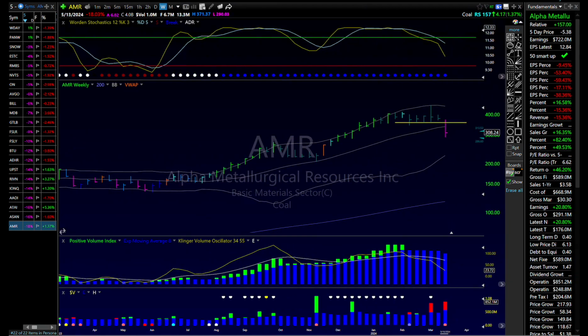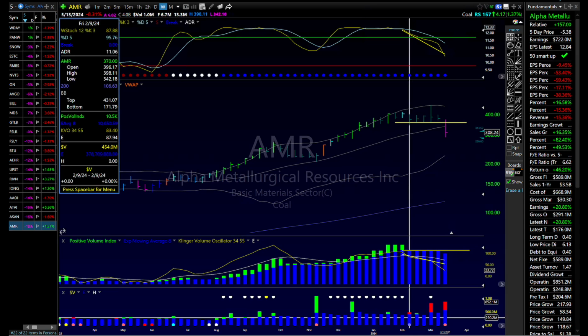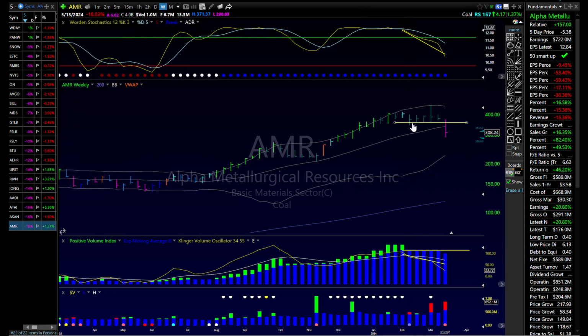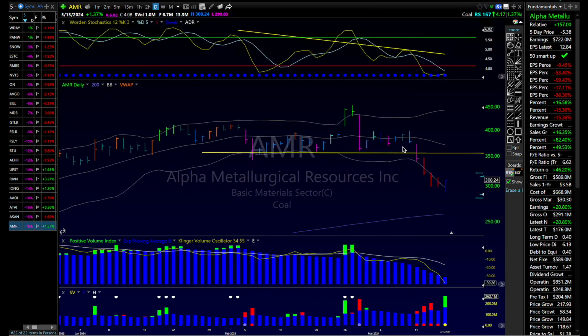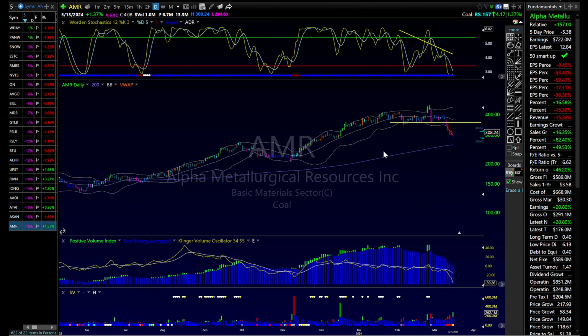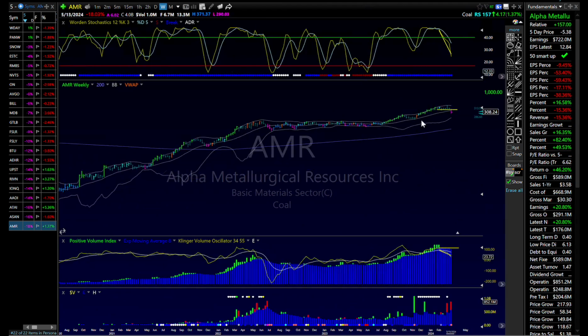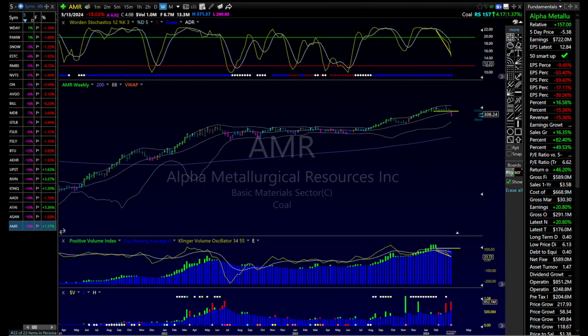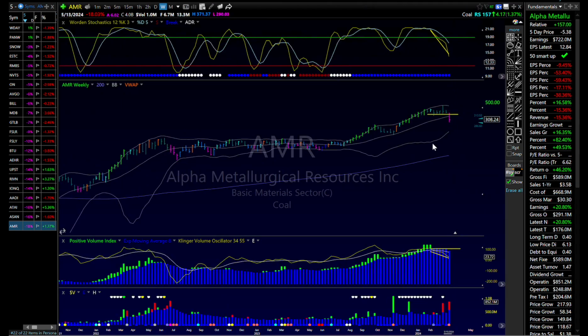But yeah, here you start to see the divergence. The momentum is fading. Where's the volume? This is down. Selling here. And then it just goes sideways. Probably had a daily squeeze. No. A little bit. Yeah, but then it breaks. I mean, this is down 18% on the week.